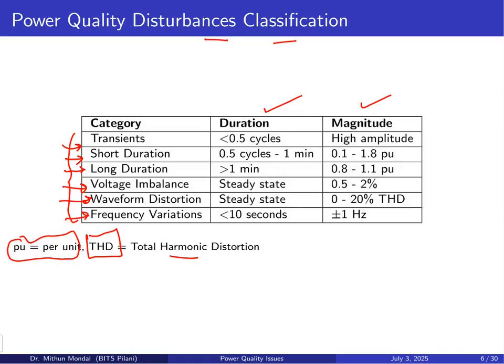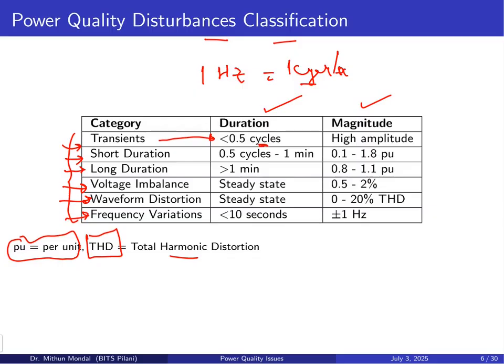For the category of transients, the duration is less than 0.5 cycles. We know that frequency is measured in hertz. So 1 hertz is equal to 1 cycle per second. The power supply is basically measured in frequency, which is in cycles or hertz.